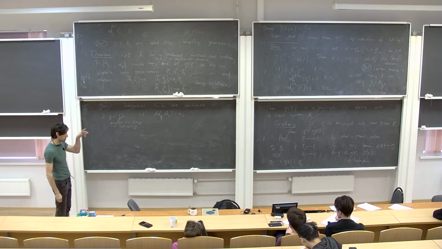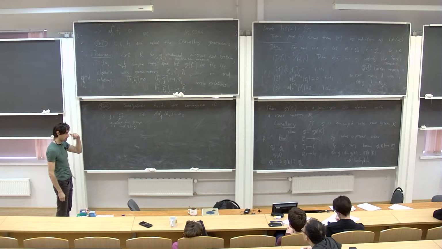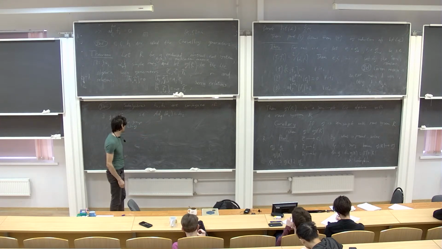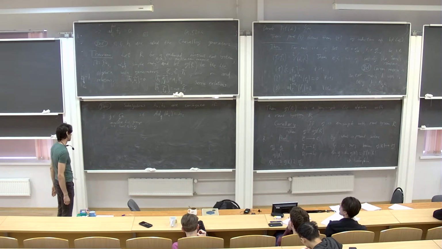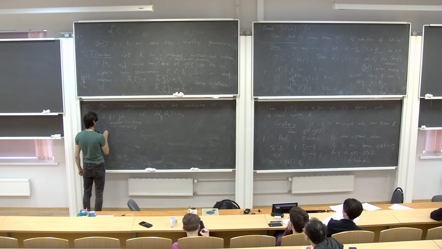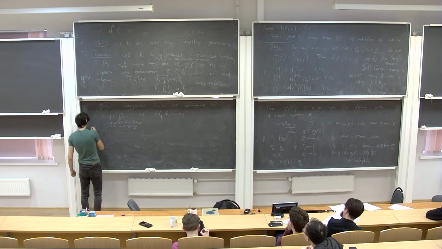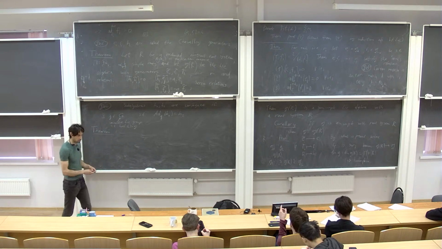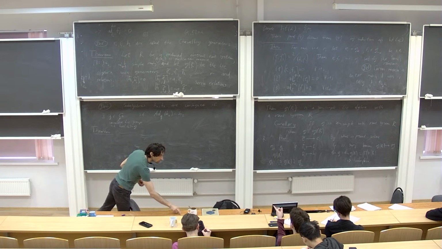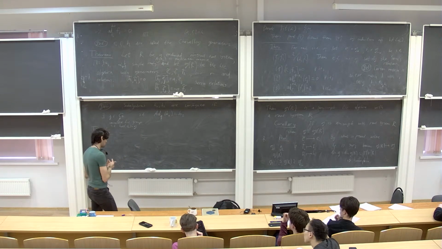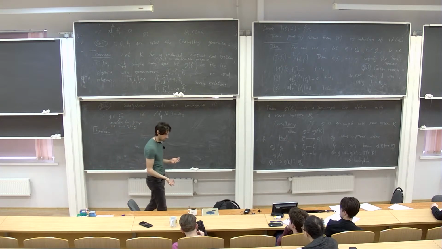So there is some automorphism of the Lie algebra. This is the differential of... well, it is the adjoint action of a group on its Lie algebra.